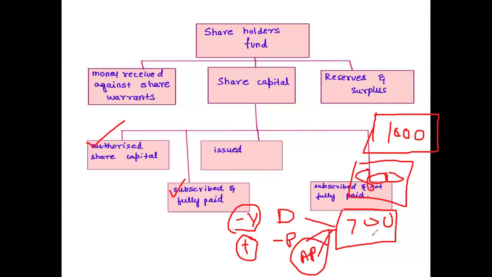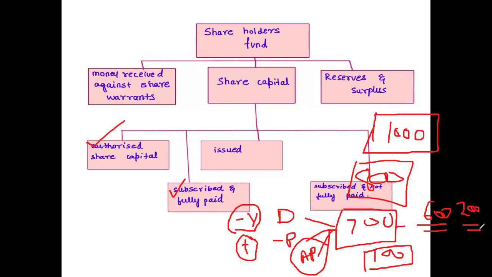In case the 700 capital is paid as 600 and a premium of 200, then the 100 capital is unsubscribed and I have capital of 600 and premium of 200.